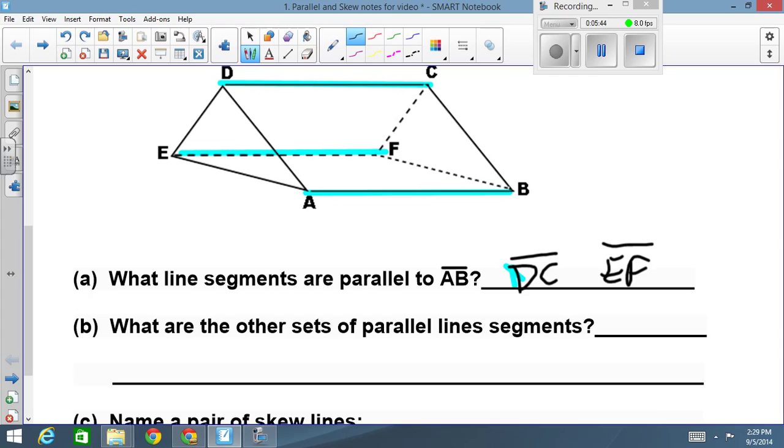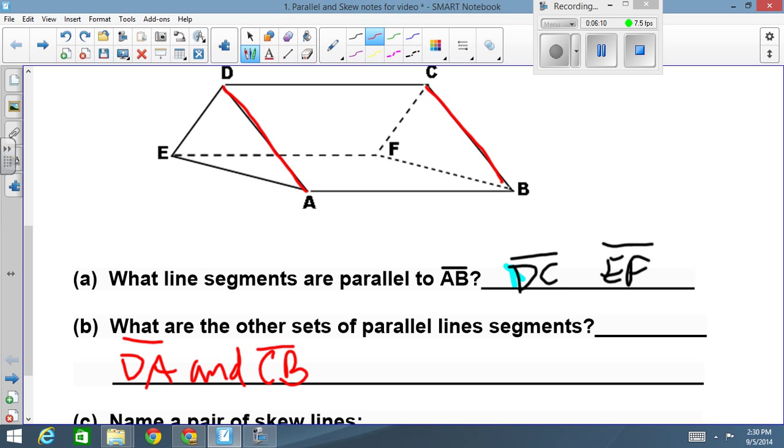What are the other sets of parallel lines and segments? Okay, so we just named those. We have a few others. We have parallel lines here and here. So that's DA and CB. We also have parallel lines here with AE and FB.